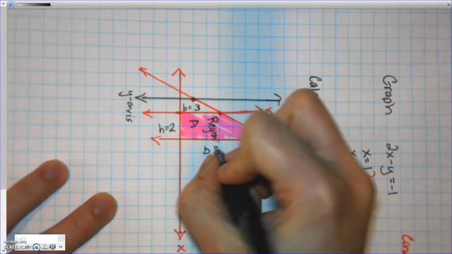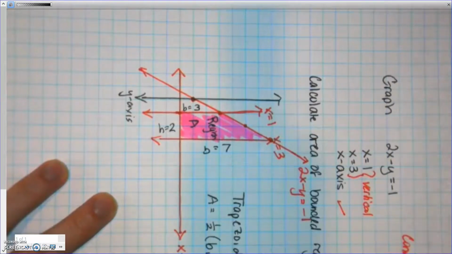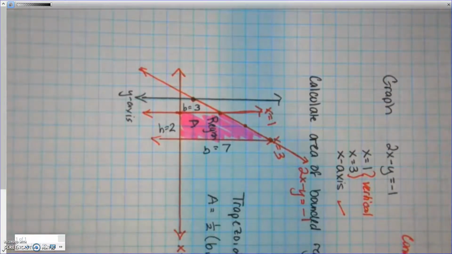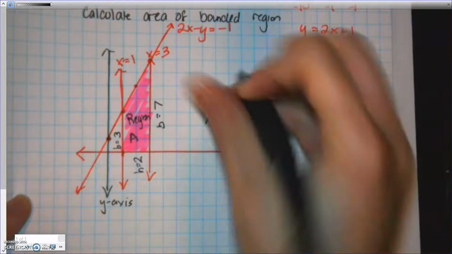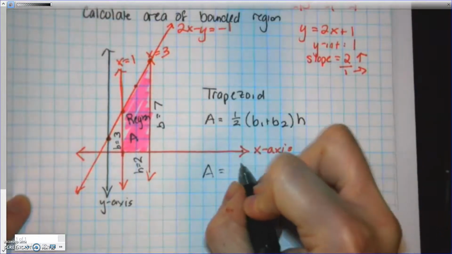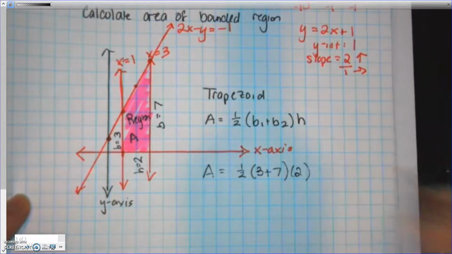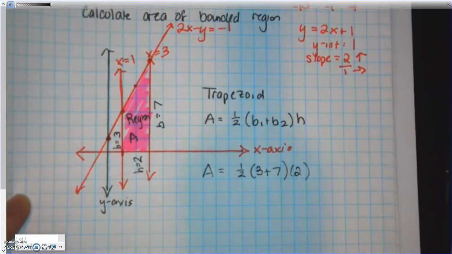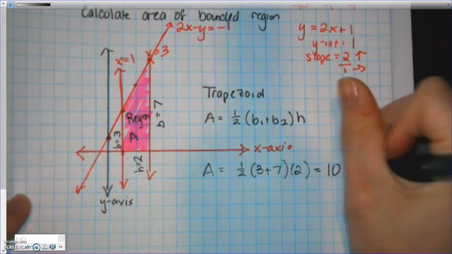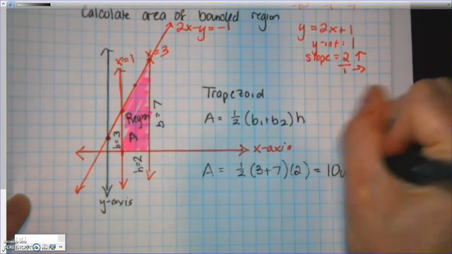So this base is 7. So once I have those values, I can plug them into my formula. So the area is 1/2 (3 plus 7) times 2. And if I simplify that, I'm going to get 10 square units.